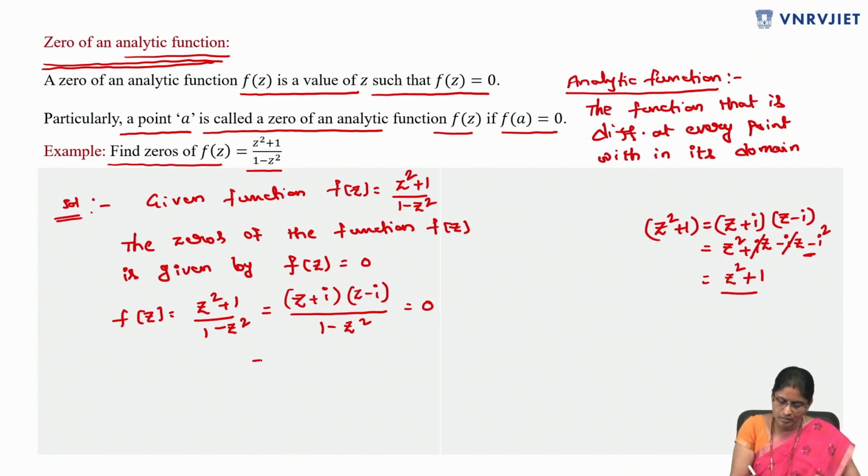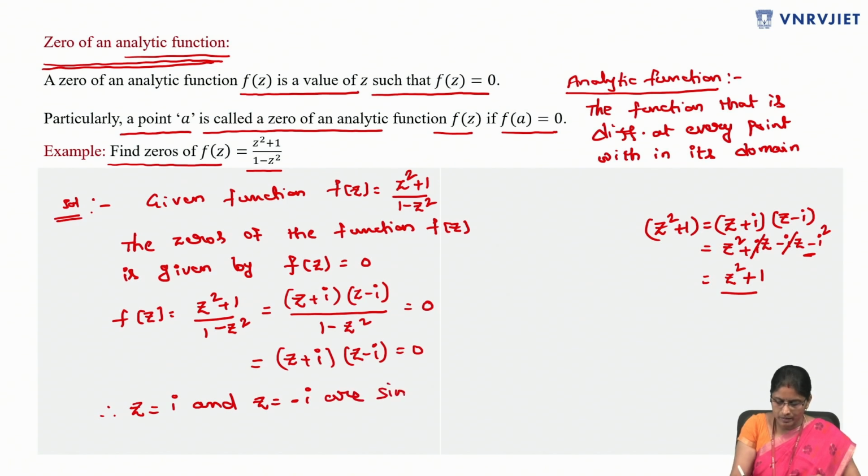Then we get z plus i, z minus i is equal to 0. Therefore, z is equal to i and z is equal to minus i are simple zeros. So this is the procedure to find the zeros of a function.